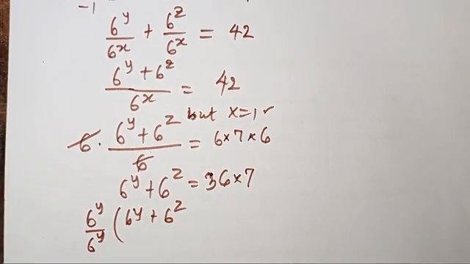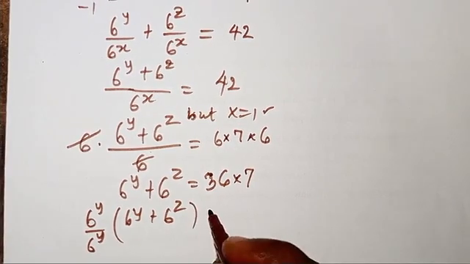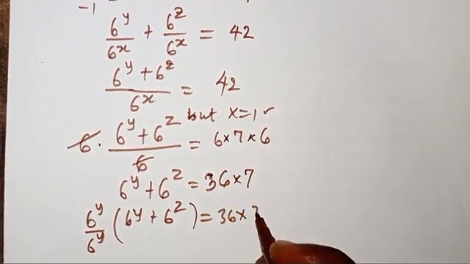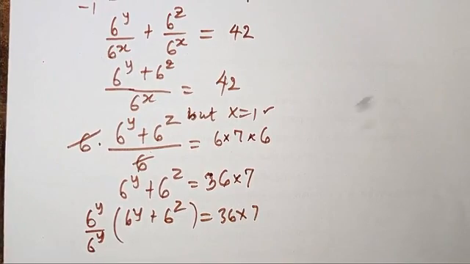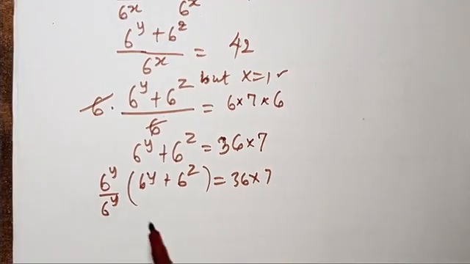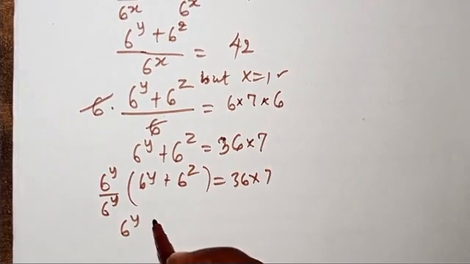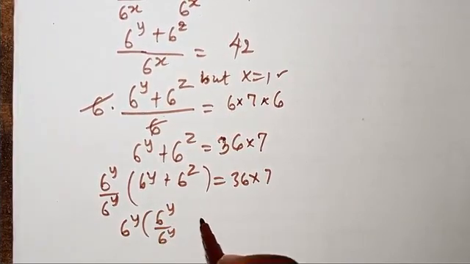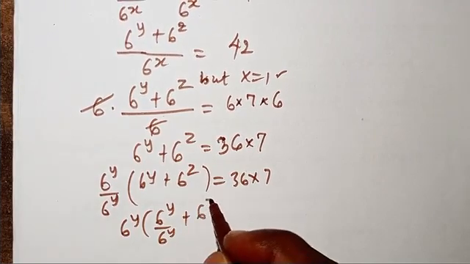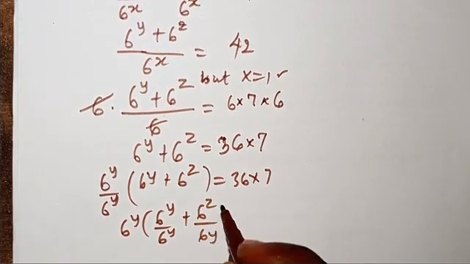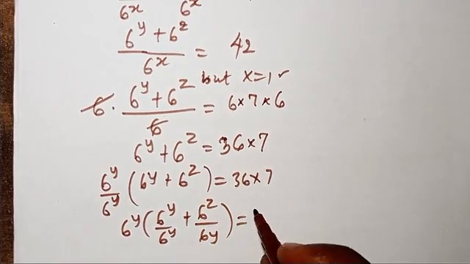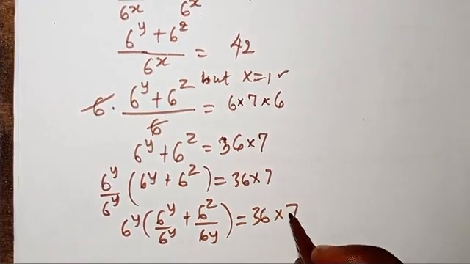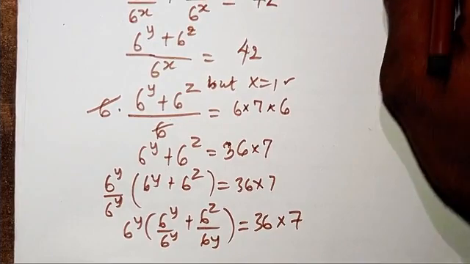So now from there, this will be 36 multiplied by 7. So now what I'm going to do is 6 to power y into bracket 6 to power y over 6 to power y plus 6 to power z over 6 to power y, then equals 36 times 7 again. Are you getting it now?